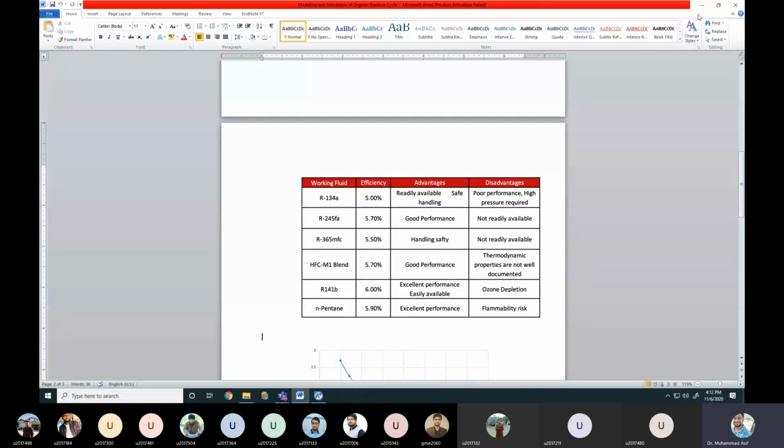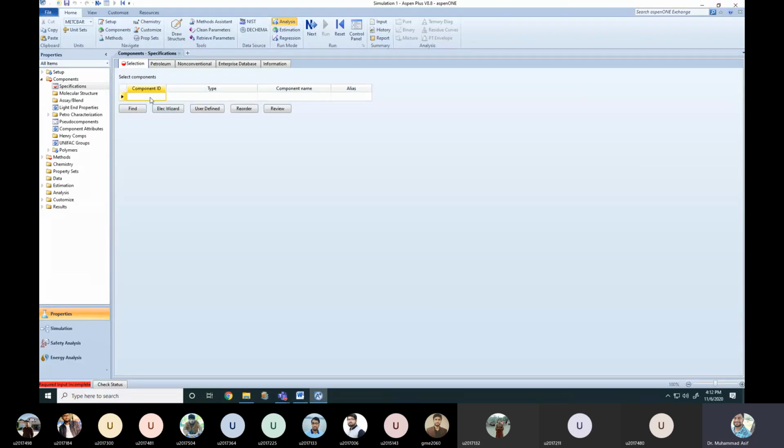Let me choose this one, right? So let me type here 245FA. This is the refrigerant, the first working fluid, and the second one is water. So these are our two working fluids that will be used.